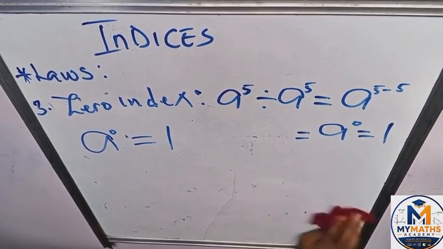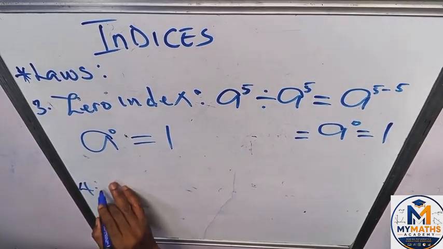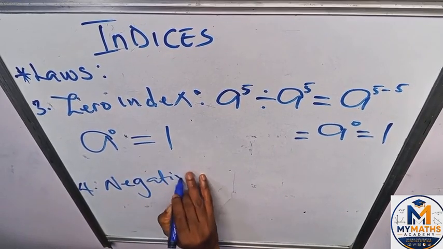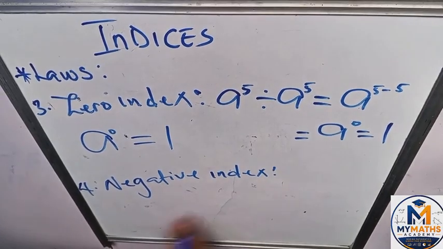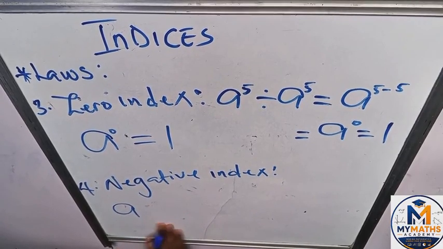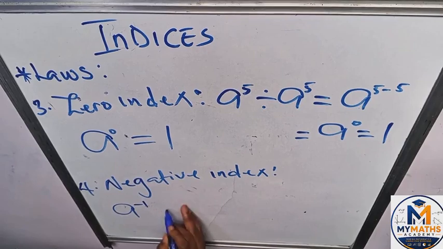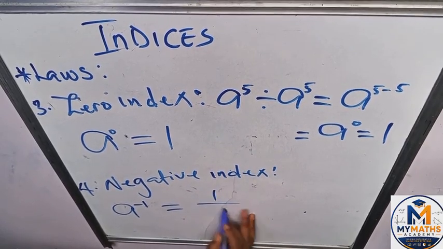Number 4 is what we call the negative index. What does it mean? For example, if I have a raised to power minus 1, that means it's going to be 1 all over a.